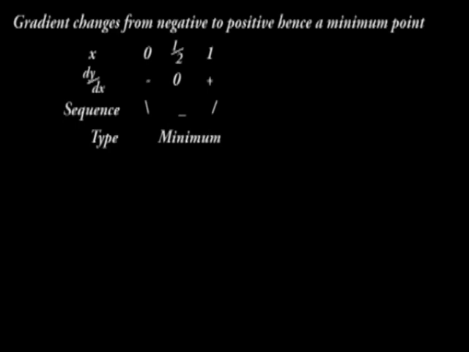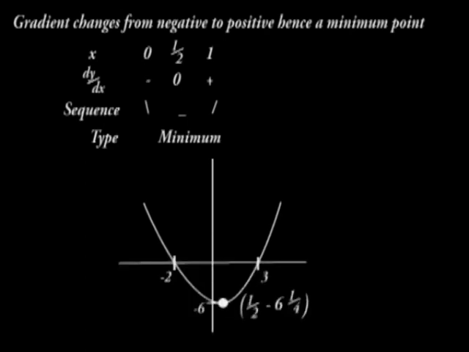The gradient changes from negative to positive, and hence it is a minimum stationary point. This information can equally be represented in the table shown below. We can therefore finally obtain a rough sketch of the curve as indicated below.